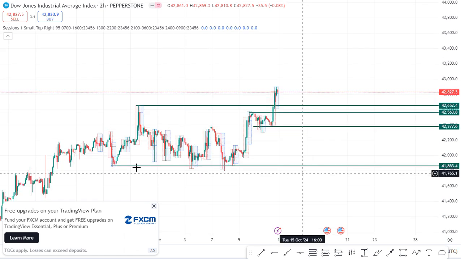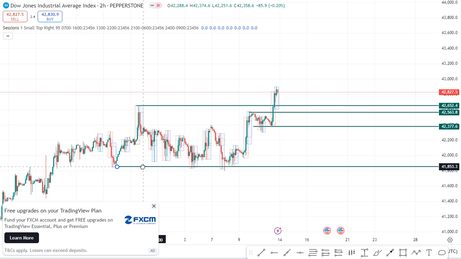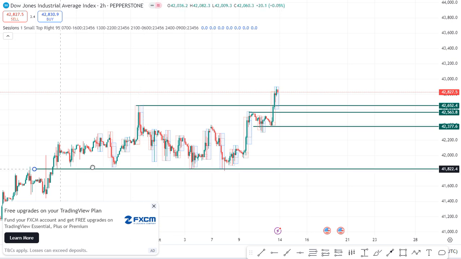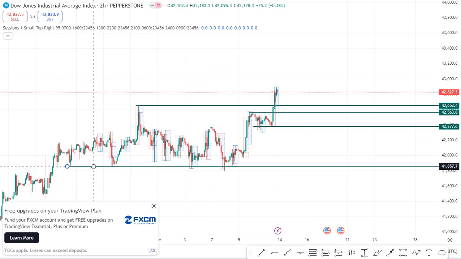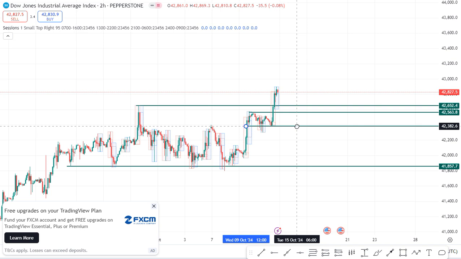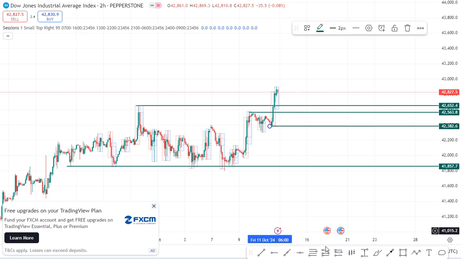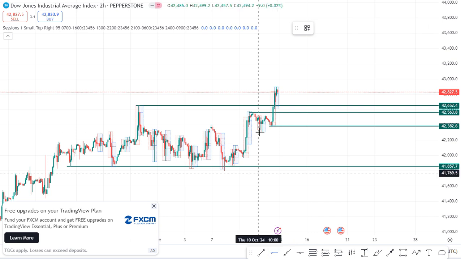You can see, guys, this area was very much respected here. The price came back to this area and it gave us so many buys. We are sitting here now. This is the current lowest, lower low.